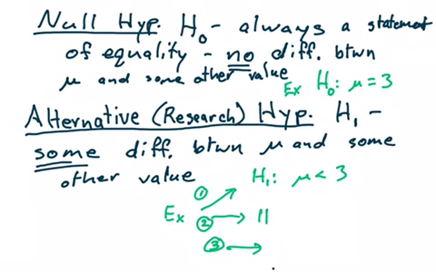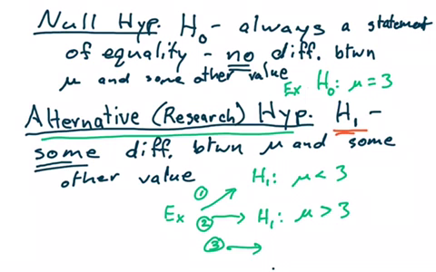Here is another way to say that there is a difference. The alternative hypothesis is always H subscript 1. Another way to say this is that mu is greater than 3.